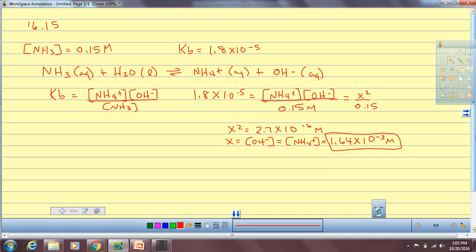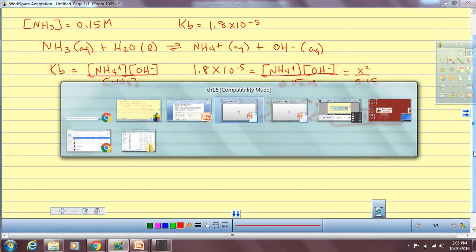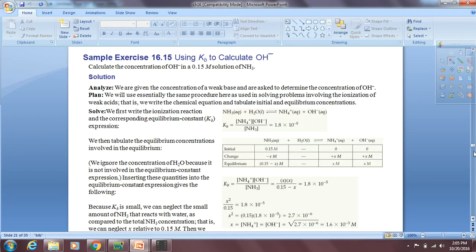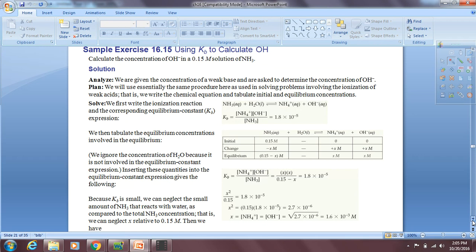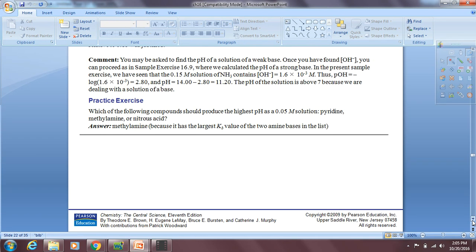For the practice exercise 15, on page 692, which of the following compounds should produce the highest pH as a 0.05 molar solution? Pyridine, methylamine, or nitrous acid?